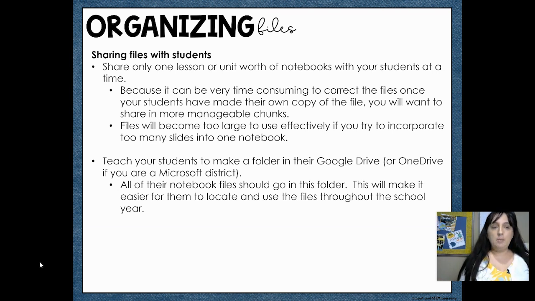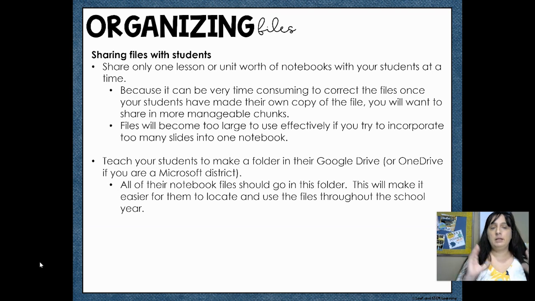There are some programs that will allow you to go back and move slides in and take slides out if you need to, but most of those are paid programs and they don't always work how you expect them to. So it's better that once you've released the notebook to the students, you don't need it back from the students. You don't need to access it again.